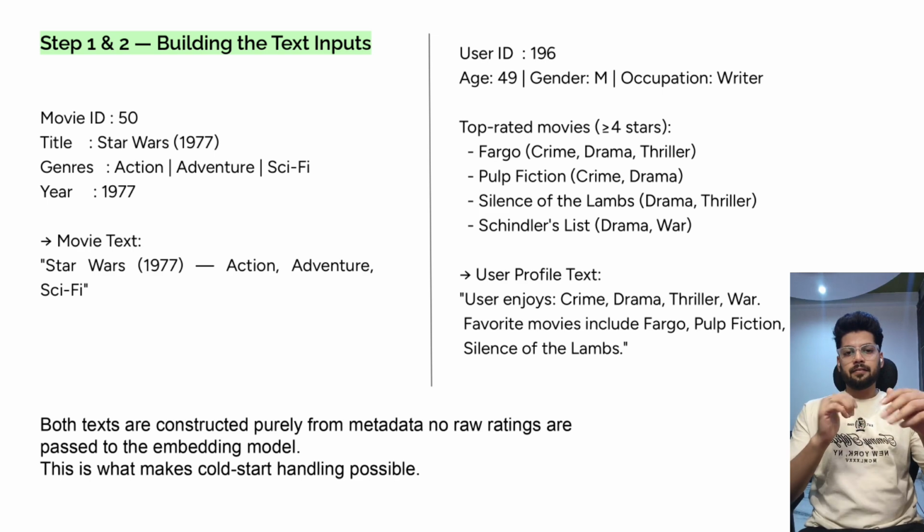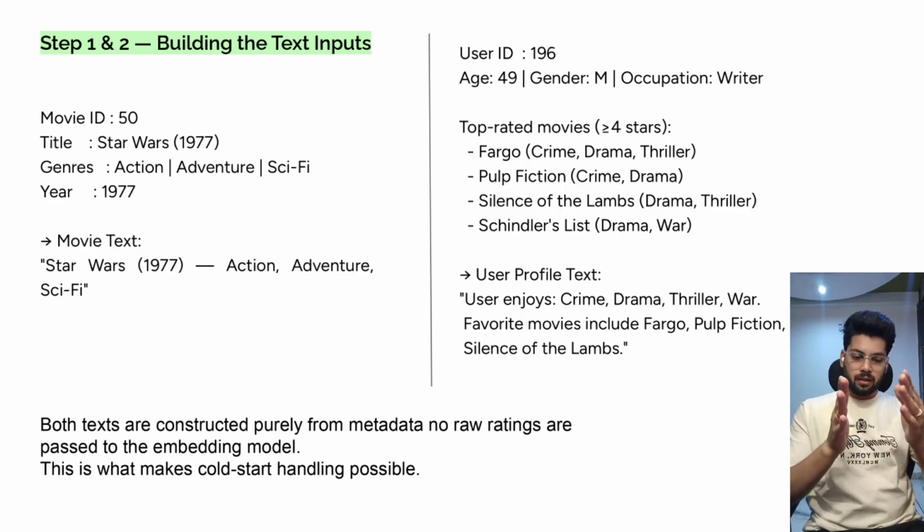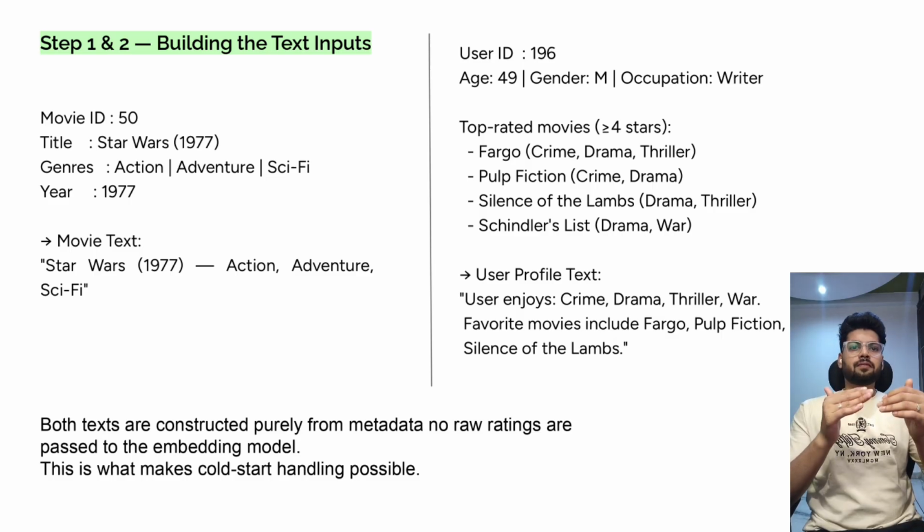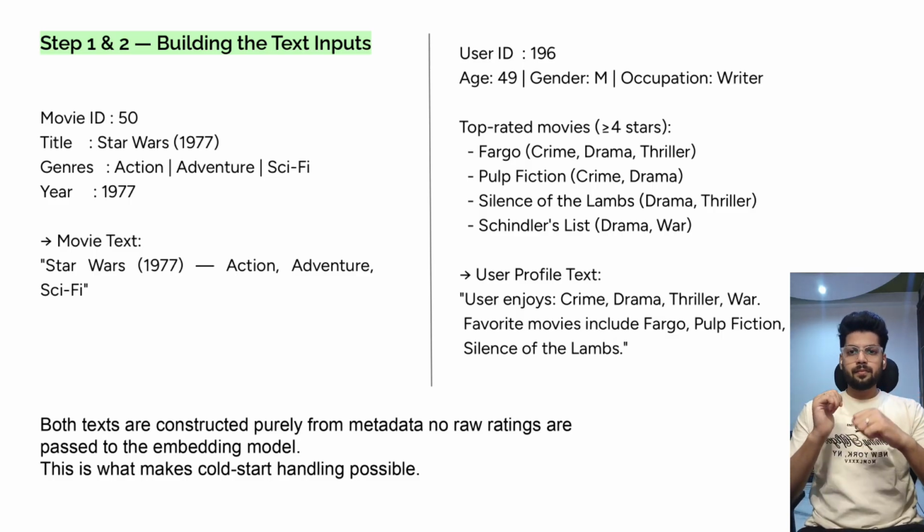On the right side we build the user profile. We look at user 196's highest rated movies, like Fargo, Pulp Fiction, Silence of the Lambs, and Schindler's List. We extract the genres and build a sentence saying that this user enjoys crime, drama, and thriller type of movies, which include Fargo and Pulp Fiction.